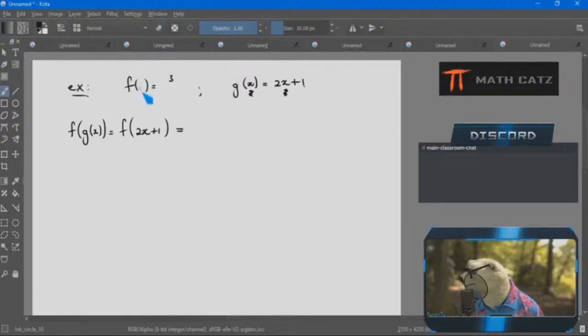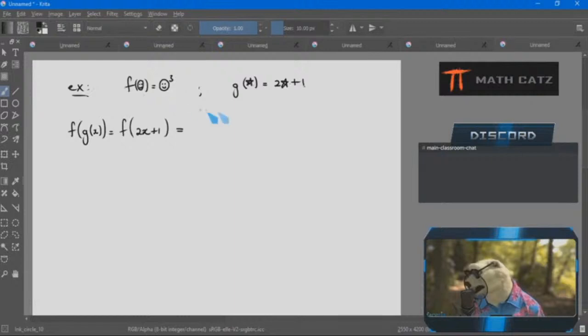I could have called this a completely other symbol. I could have called it smiley face. And it takes smiley face and it calculates smiley face cubed. I could have used a completely other symbol. What shall we use? Maybe a star. And then it takes star, multiplies by 2, and adds 1.